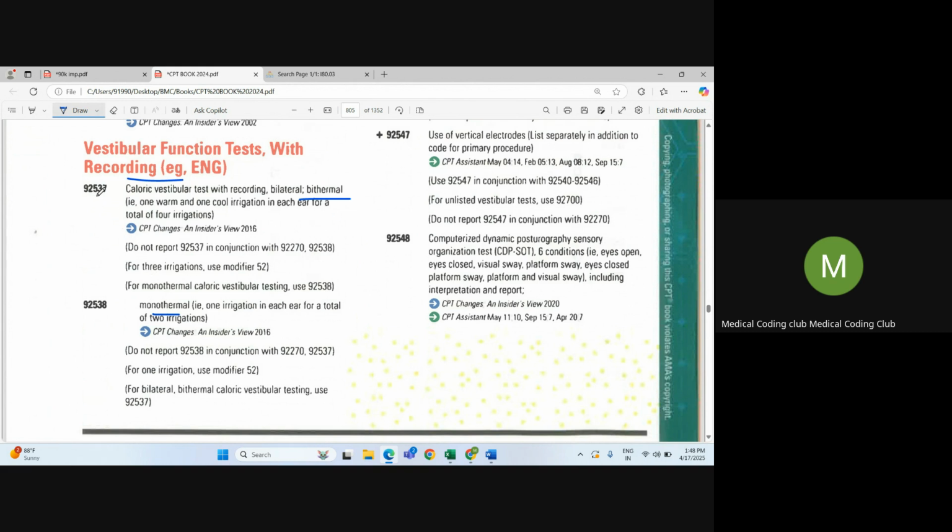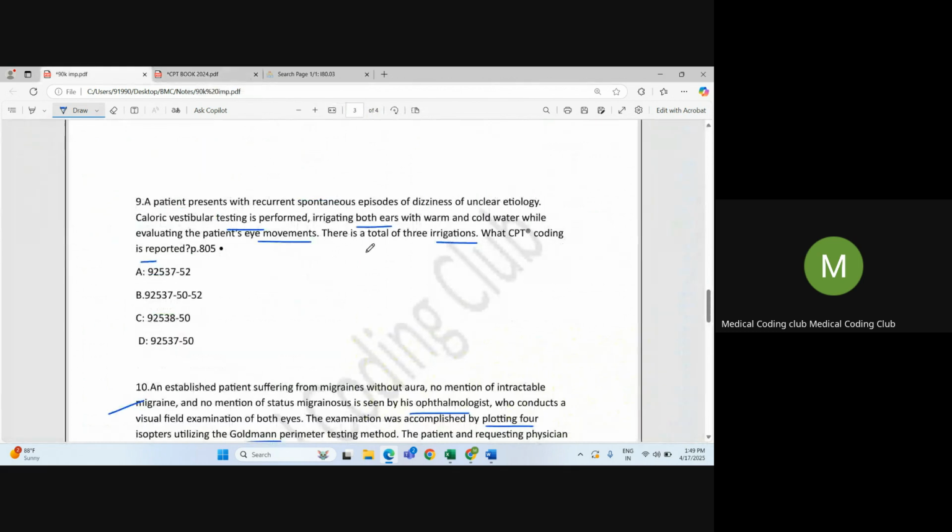So 92537 includes both one warm and one cool irrigation. And see here, there is a note for 3 irrigations, use modifier 52. 92537 includes a total of 4 irrigations. But in our question, they are listed as 3 irrigations.